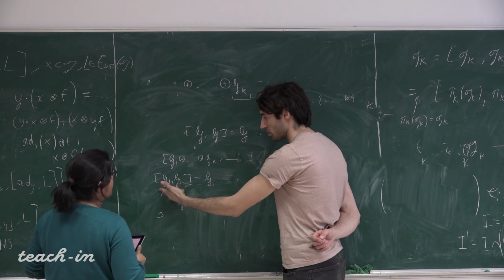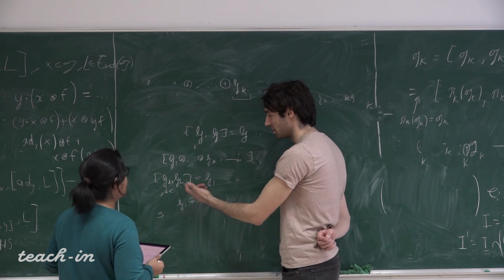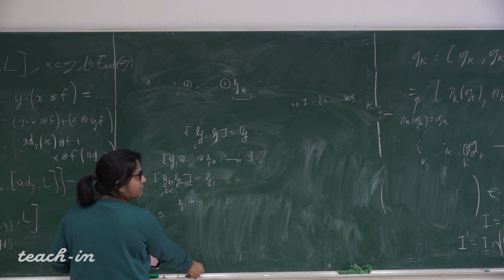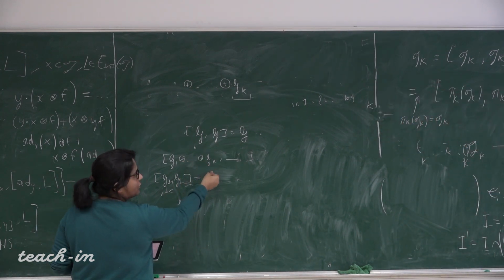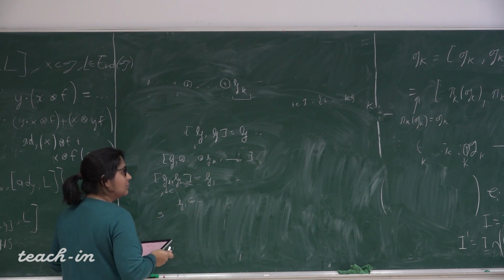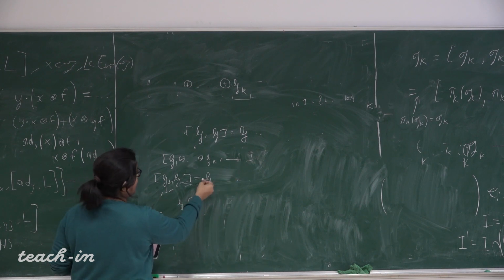It is not zero because g1 is not abelian. Therefore it should coincide. With the rest, it's the same, because g1 to gk is also g1 to gk. So we get g, because we just get the gi's.